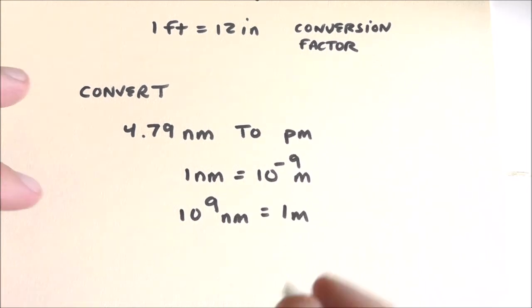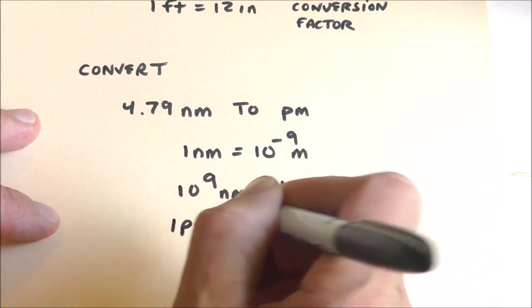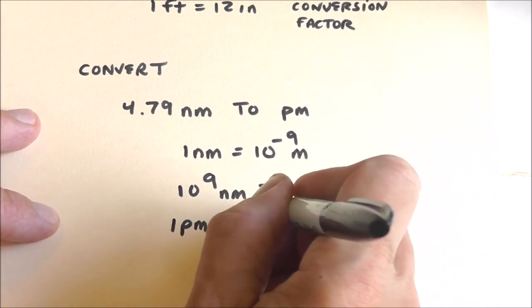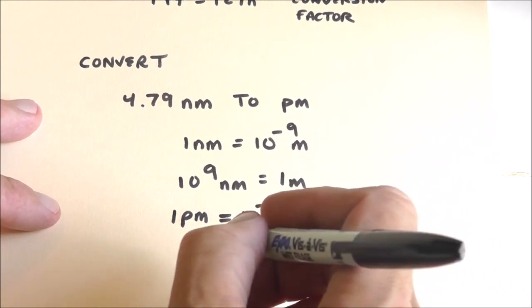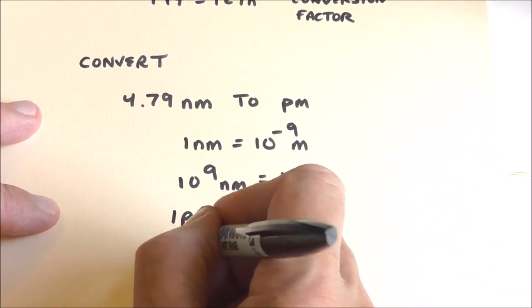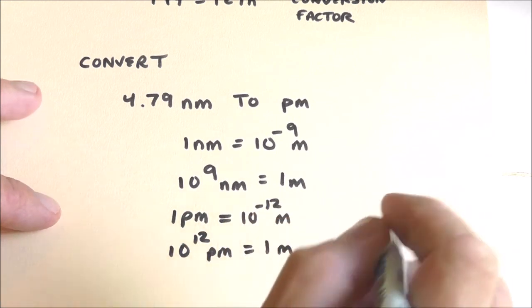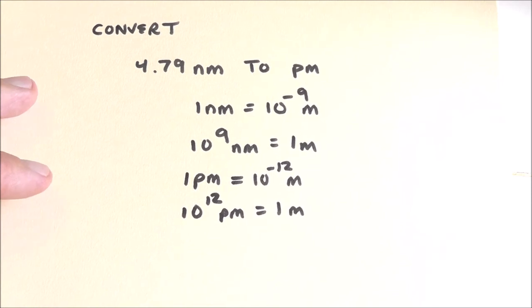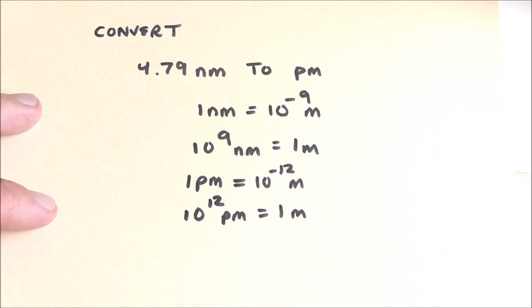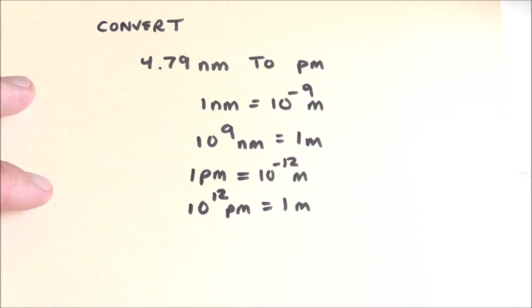But you could also say 1 picometer equals 10 to the minus 12 meters, or 10 to the 12 picometers is 1 meter. Those are both saying the same thing. It's saying that a picometer is a trillion times smaller than a meter. I said billion, that's wrong. It's trillion.